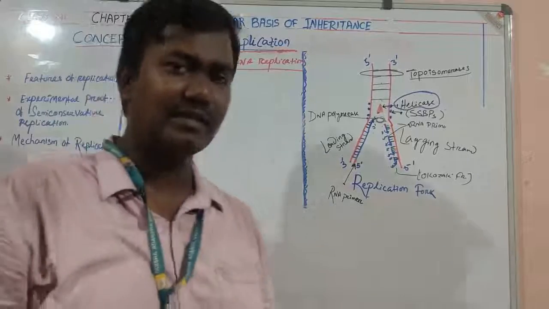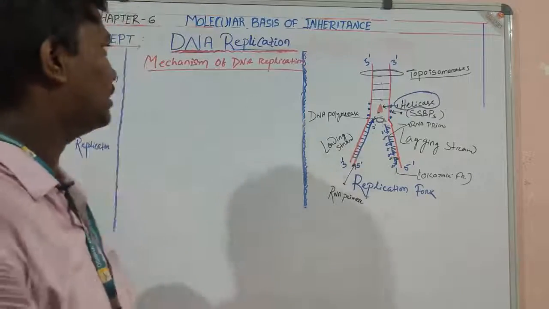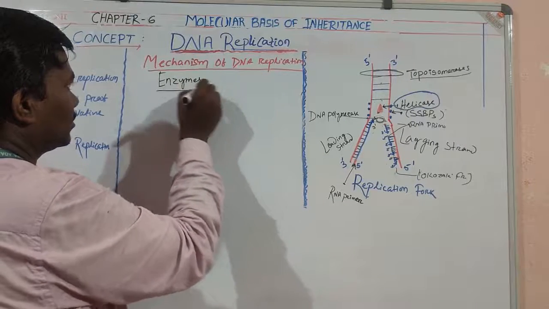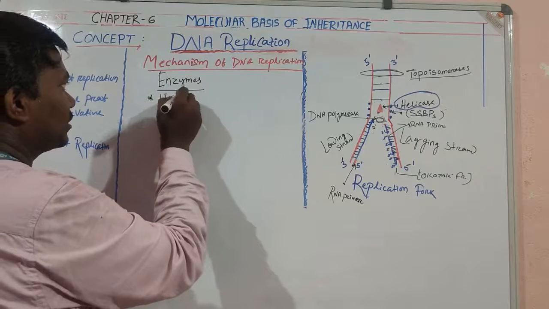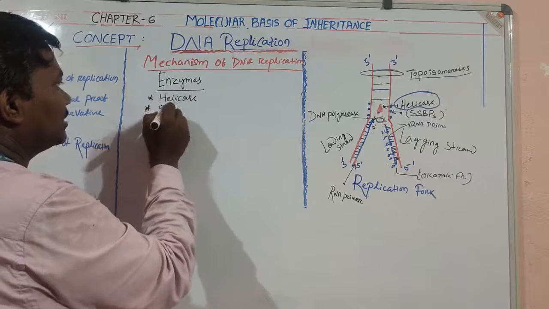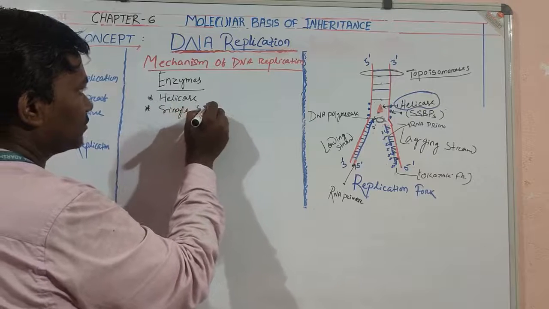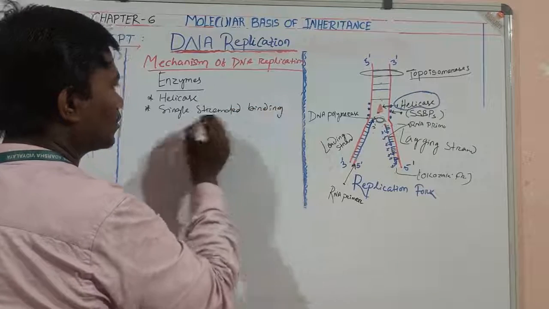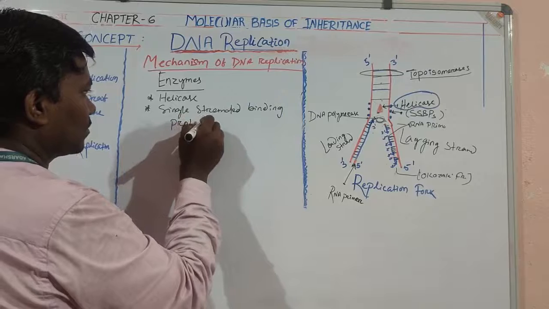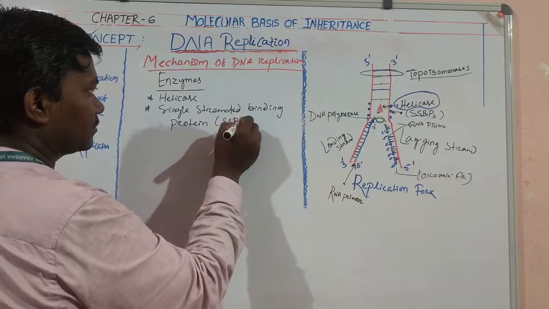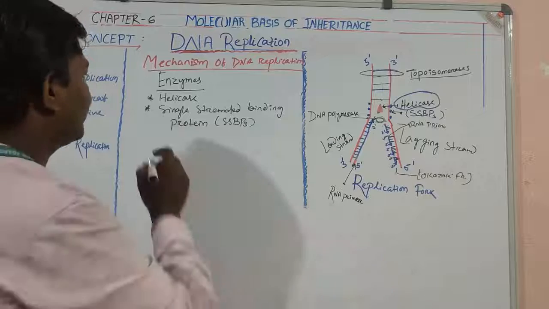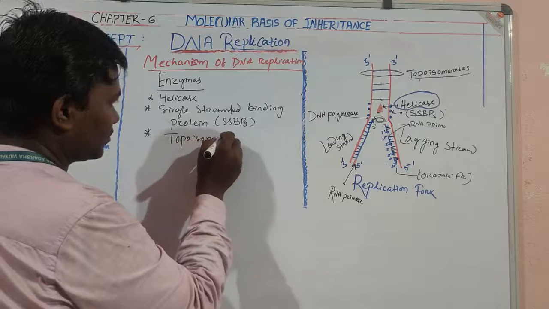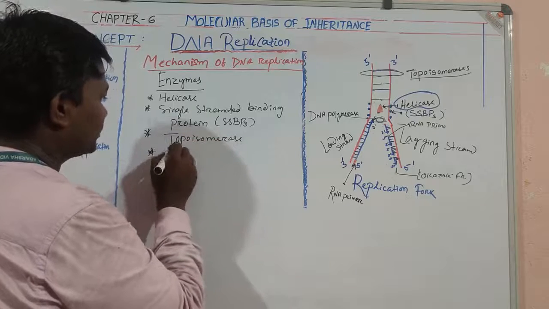The enzymes required for DNA replication are helicase, single-stranded binding protein, SSBP, topoisomerase, primase.